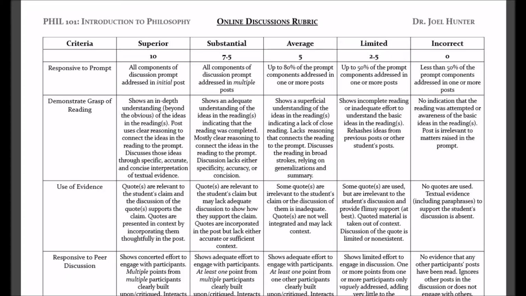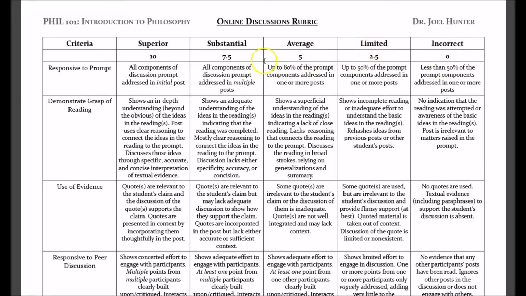So what I'd like to do is look through each of the criteria and then look over at the superior column, which gives, of course, the best score that you can get under each criterion. And you should look at the rest of them, the substantial, the average, the limited, the incorrect. So that's the performance score, and then the corresponding quantities that go with those.